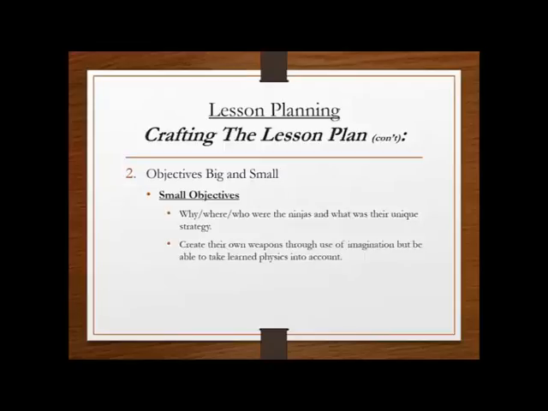And we would create their own weapons through the use of imagination, meaning it didn't have to be one that we studied, but maybe it took elements from what we studied, and that they thought about the physics of it. They were able to apply modern games and how they could be used as learning and military strategy. So if we were to play kickball or basketball or chess, what and how those worked as military strategies.